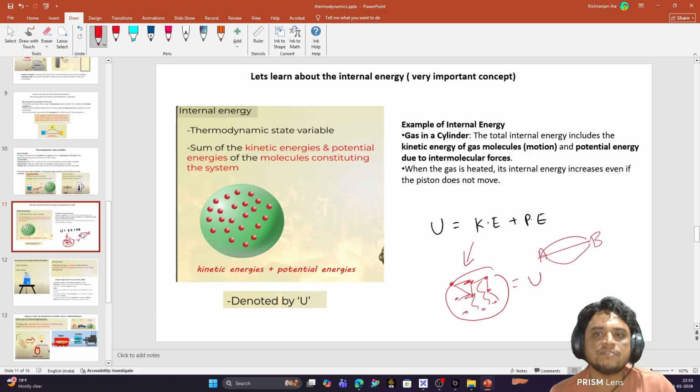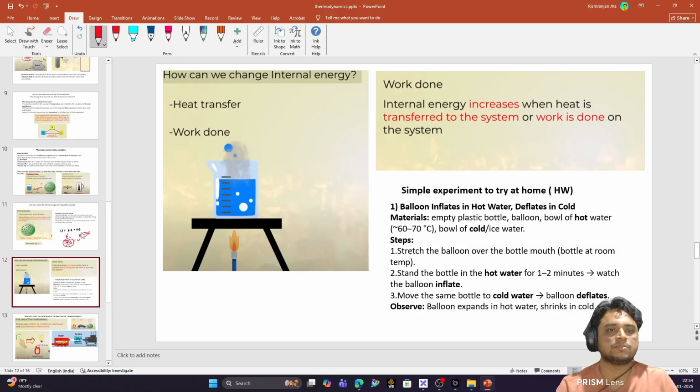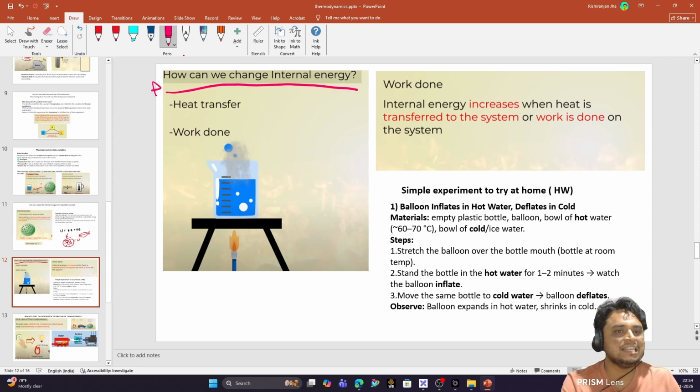After we have covered the important concept of internal energy, let's move on to another slide and see some more concepts. We have studied internal energy, but the question comes, how can we change this internal energy? Internal energy can be changed in two ways.